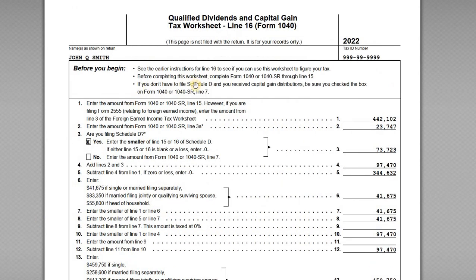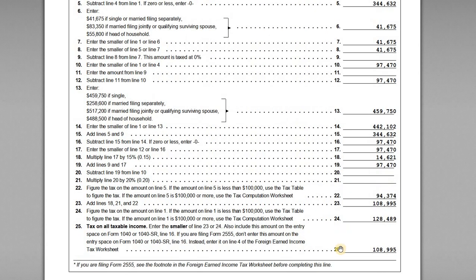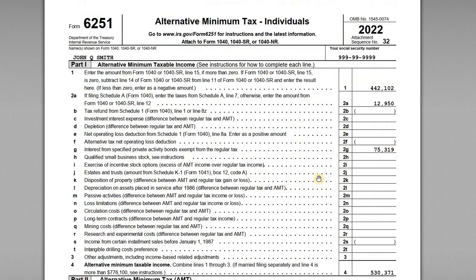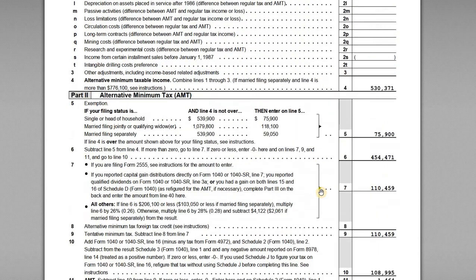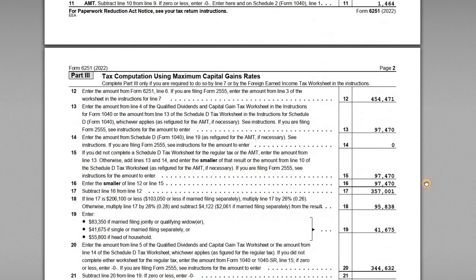On John's regular federal income tax computation, he used the qualified dividends and capital gains tax worksheet to figure out that his total liability for regular federal income tax is $108,995, right? And so that's why we see the $108,995 reported here on line 10. Now, the $110,459, this is the AMT that he calculates in part 3.